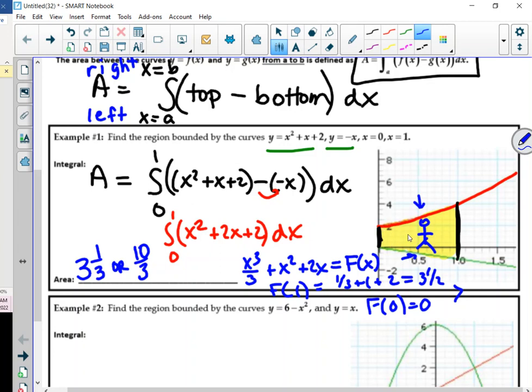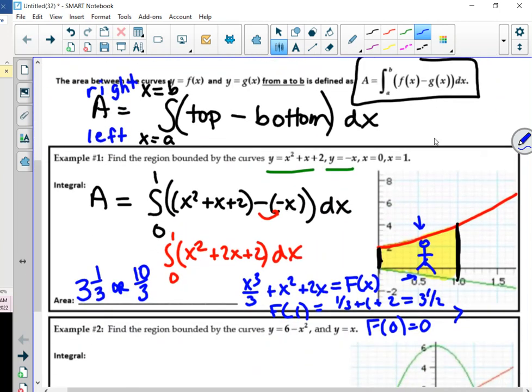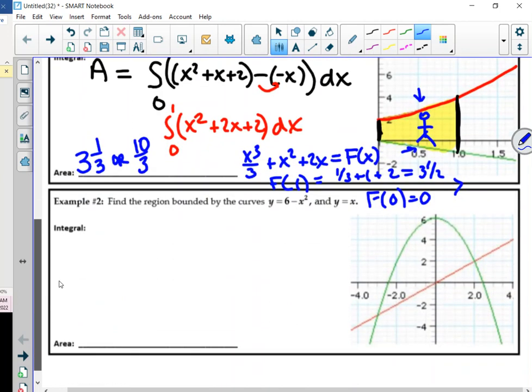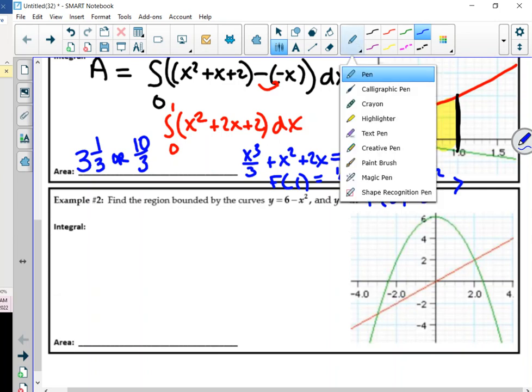It's basically taking a line segment and integrating it through a region, and that's what gives you an area. In that particular problem, we had boundaries given to us, left and right, 0 and 1 for x. In this problem, we have natural boundaries. We're asked to find the area bounded by these two curves.